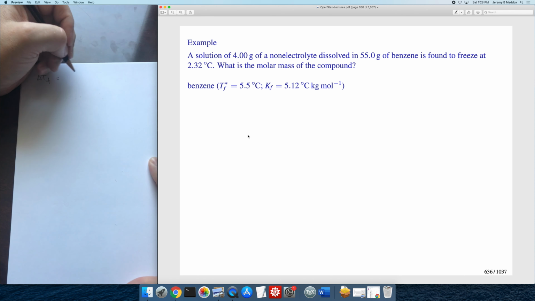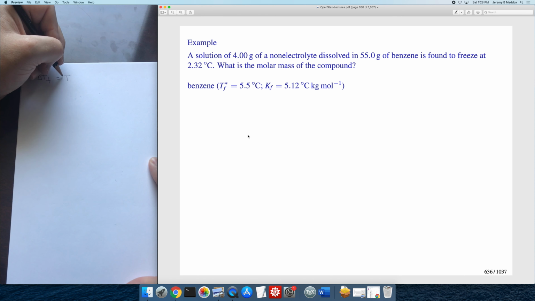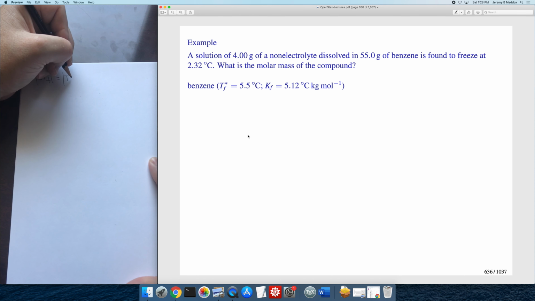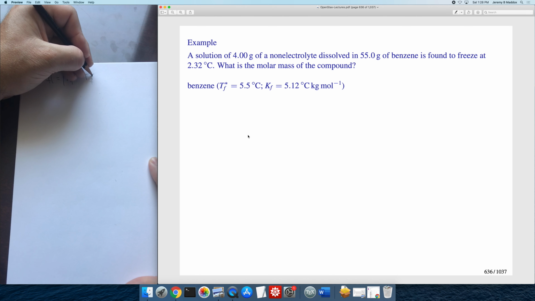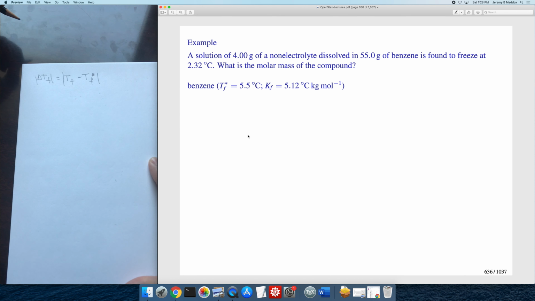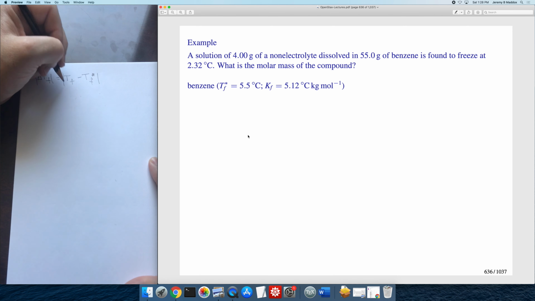So we can calculate delta Tf. Delta Tf is going to be, and I'm going to do this in absolute values, the freezing point temperature minus the pure freezing temperature. It doesn't matter which way you go, we're going to get a positive number because we've used absolute values. So we can calculate this quantity.